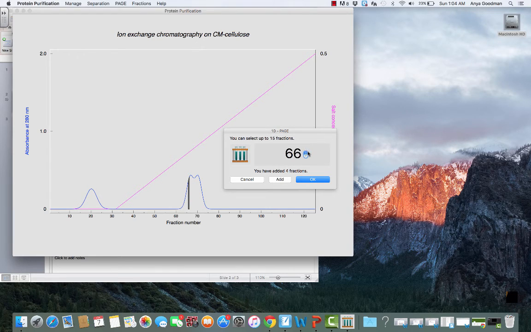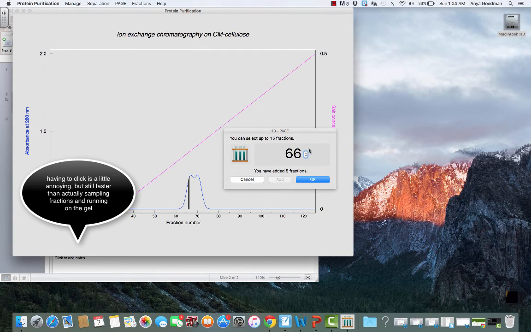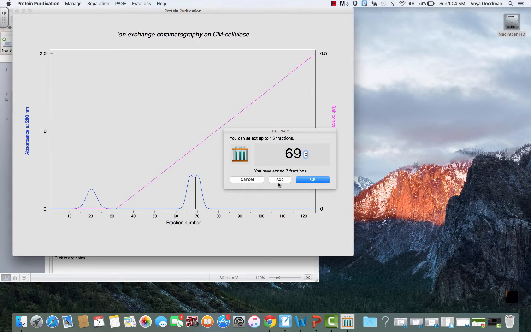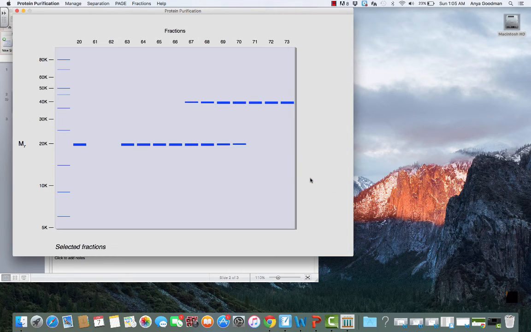I'll skip a few. So fraction 20, that's the flow through, has a small protein, as we guessed it was protein 3, most likely.